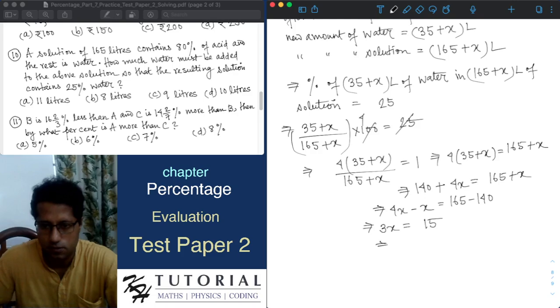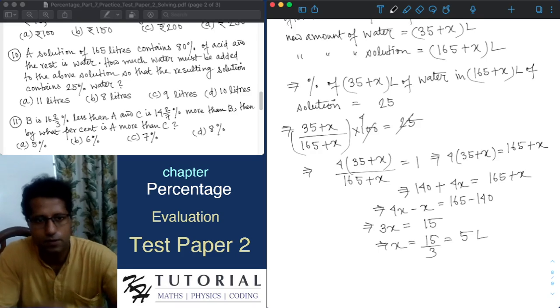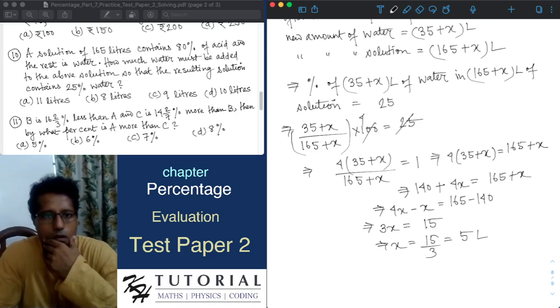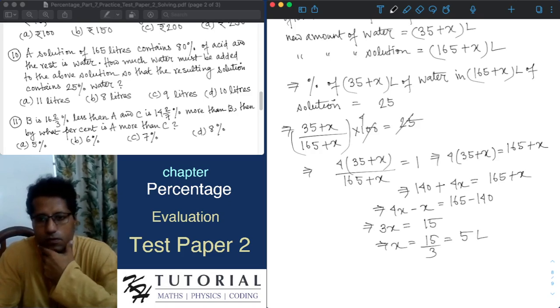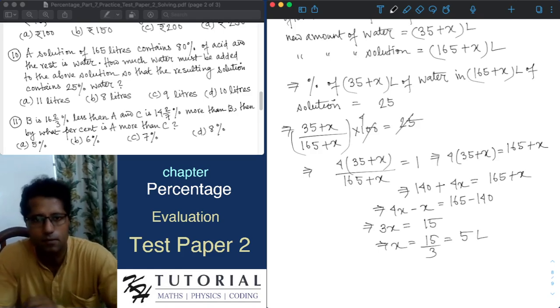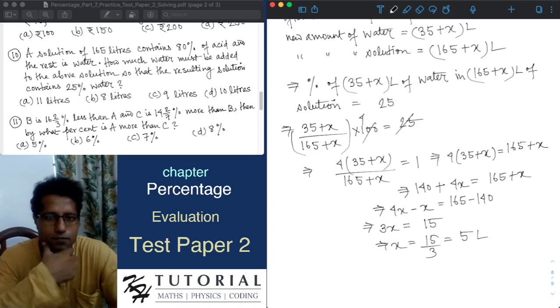This implies x equals 15 divided by 3, that is 5. So we are getting answer 5, that is 5 liters of water should be added, but there is no such choice.